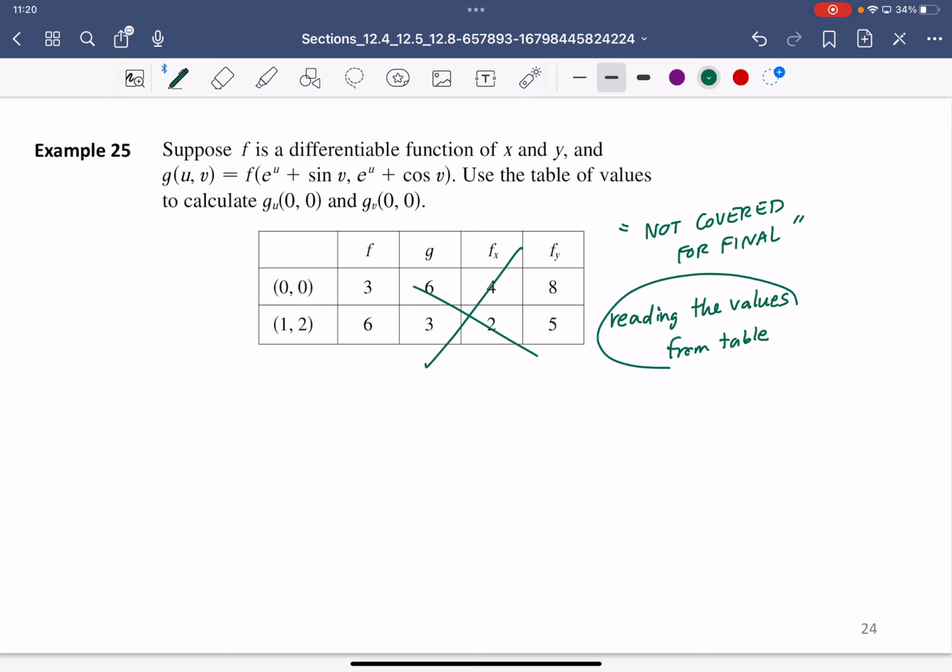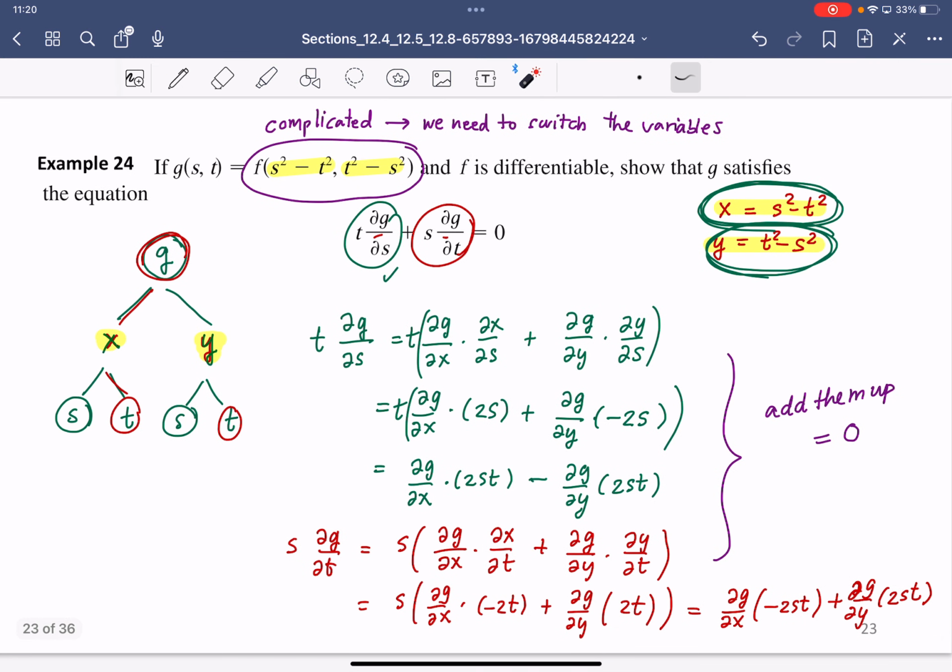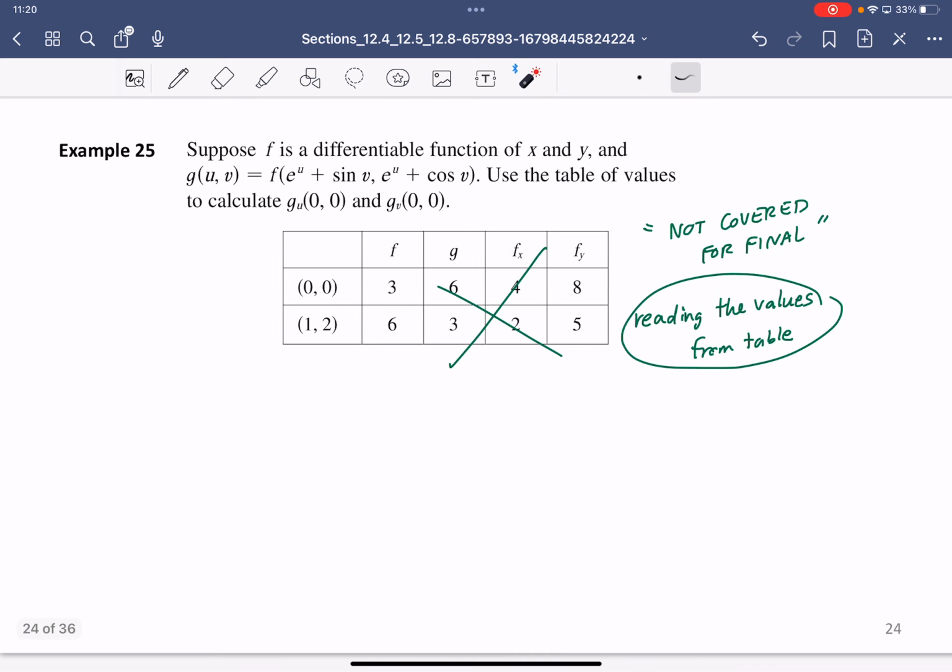We already deleted it this year. So reading the value from the table, we don't do it in the final. What we actually want you to do is, I give you a function and you should be able to take the derivative from the function, not from the table. Okay.